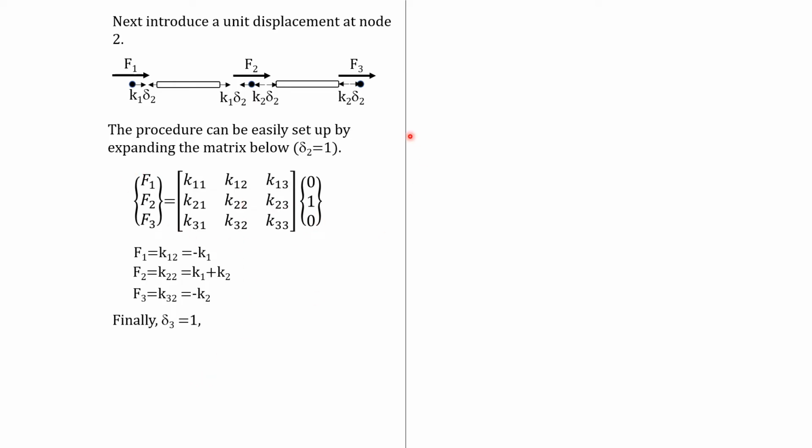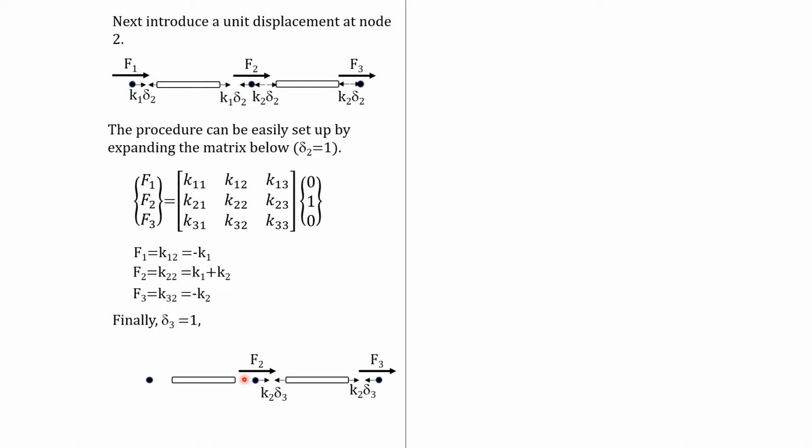So finally, when we introduce a unit displacement at node 3, we begin drawing the free body diagram of node 3. Then this is K23. There is a force also going to the left, which is equal to K3 delta 3. So this is the F2 free body diagram.